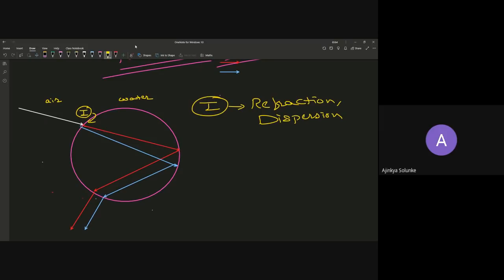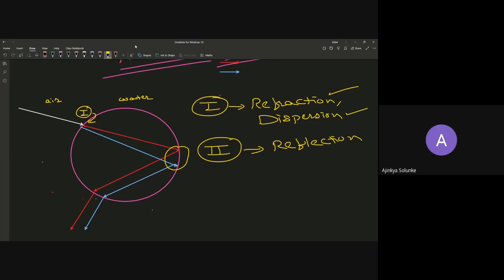Let me know from the figure if you're okay with this, that at the first stage, refraction is going to happen along with dispersion, because the medium is changing from air to water. So refraction, the white light is splitting into 7 different colors. So dispersion also. Both the things are happening at the same time at first point. Now at the second stage, what is happening is reflection.